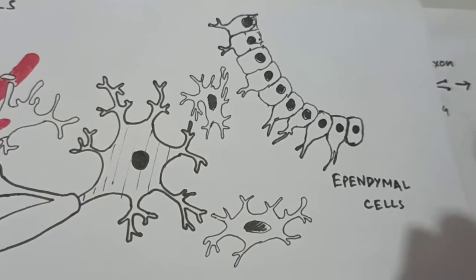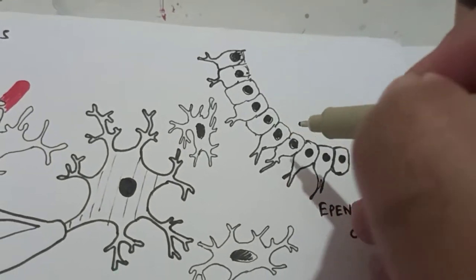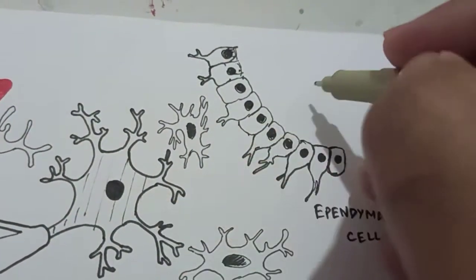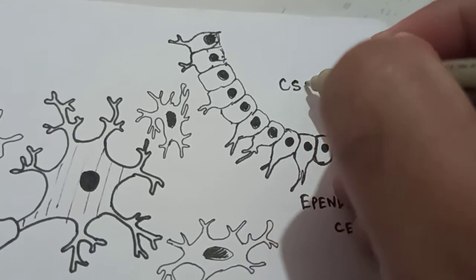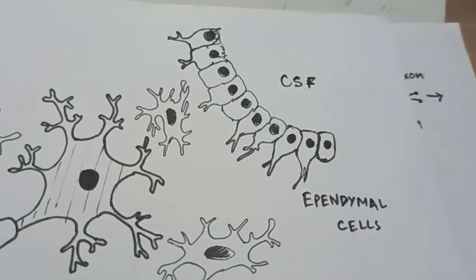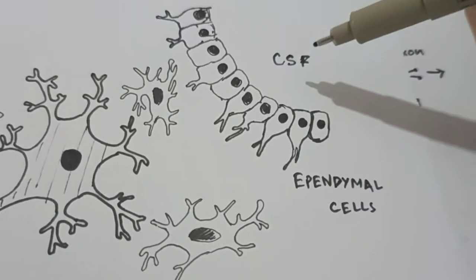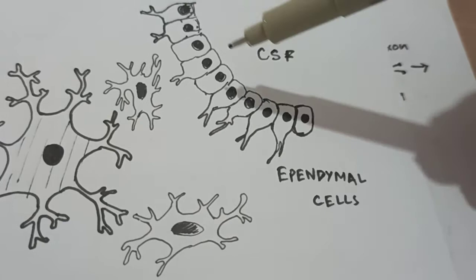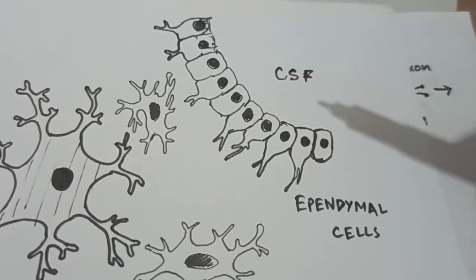To be very specific, this is the one which forms the border between the nervous tissue and the cerebrospinal fluid. I use the word central because this can actually be the central canal of the spinal cord. We will be coming to that topic later on.